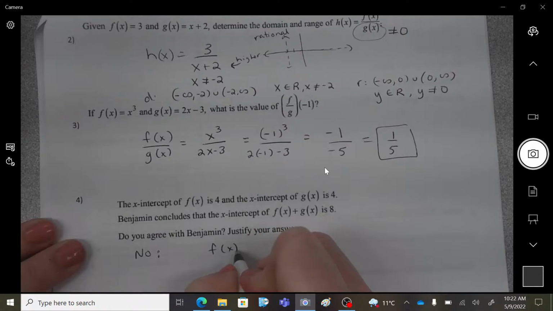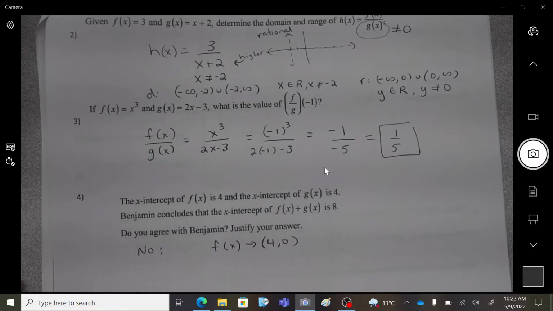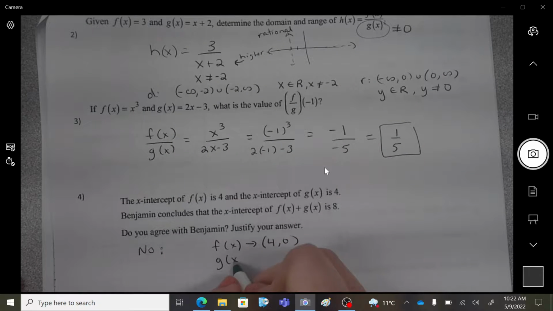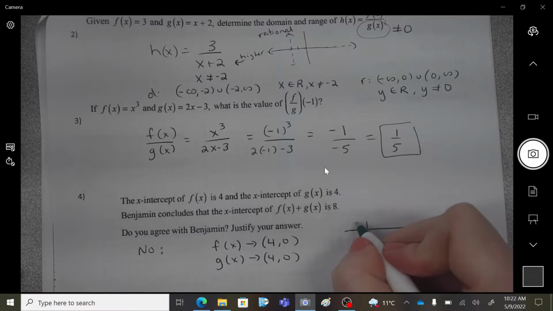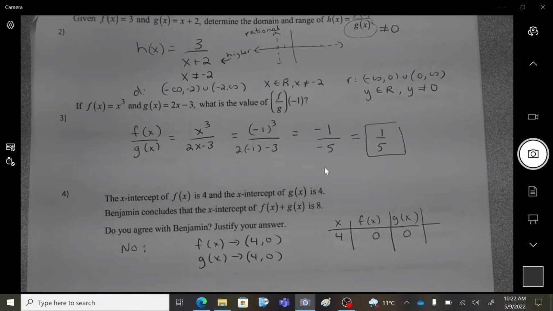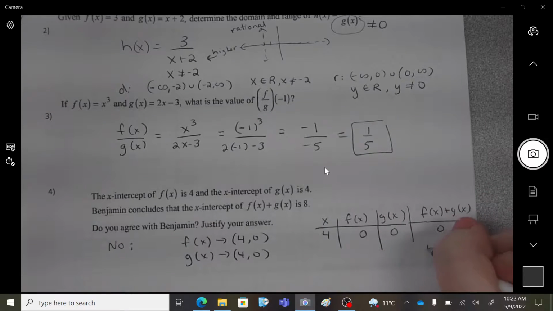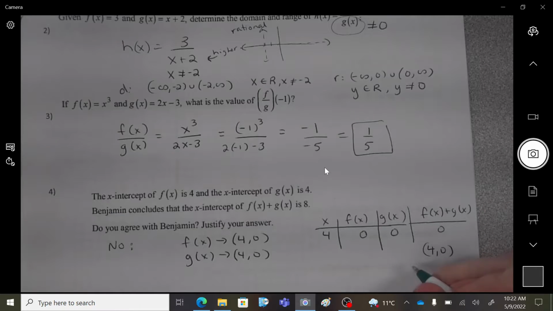Okay, so if f of x would have the coordinate 4, 0, and g of x would have the coordinate 4, 0 as well, if those are the x-intercepts. So if you think about those coordinates in a chart, when the x is 4, and then you do the f of x plus the g of x, you would get the coordinate 4, 0.